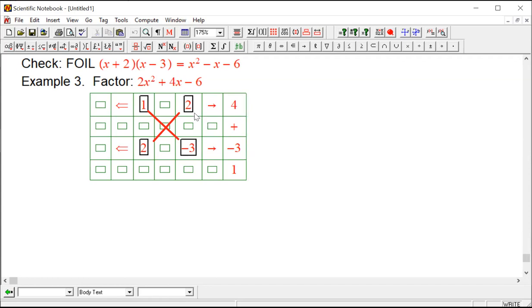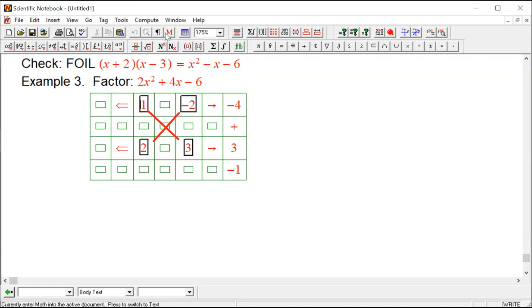How about -2 and 3? We're going to try that. 2 times -2, that's -4. 1 times 3, that's +3. -4 plus 3 is -1. It doesn't match either. So then you just keep trying. You can see this process is a keep trying.